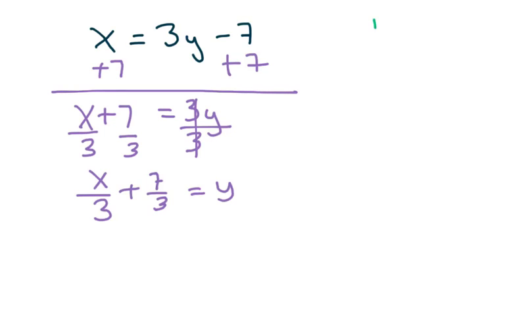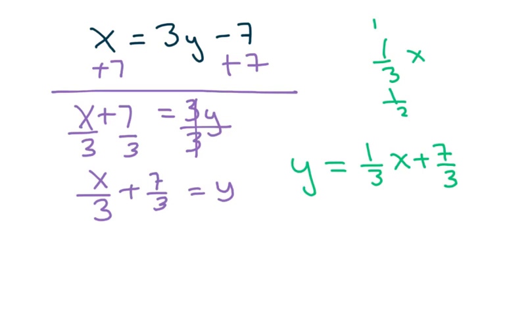If you want to put the y on the left side, just switch the equation around. You can also write the x over 3 as 1/3 x plus 7/3. Remember, 1/3 x is the same as saying 1/3 times x over 1. So that's basically the same thing we had here.